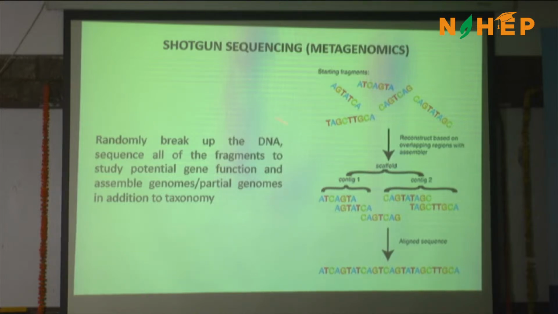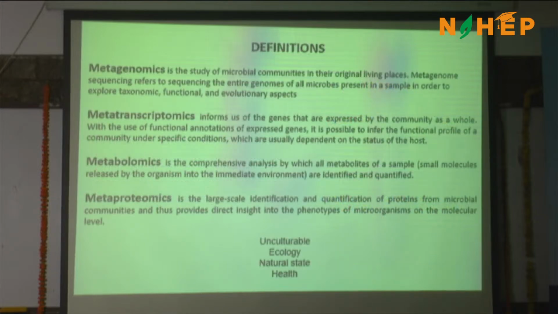This is the general overview. We get our fragments, and then we do assembly. We already know what an assembly is and how to do assemblies. At the end of the day, we get our assembled metagenome. Good. Some definitions.